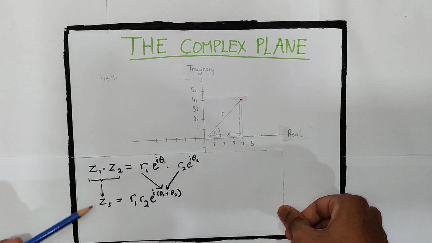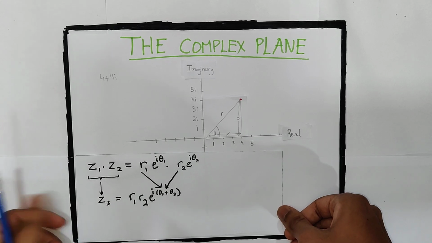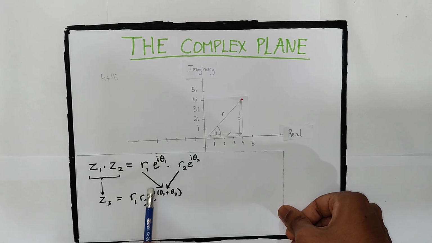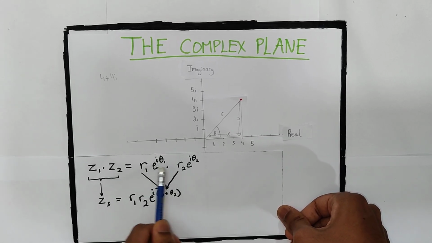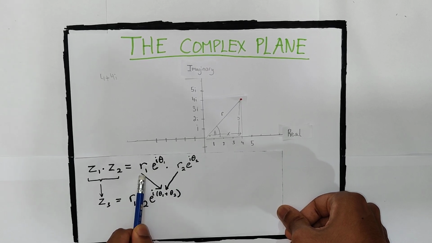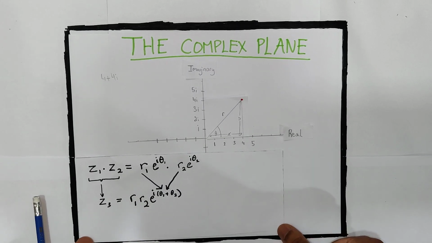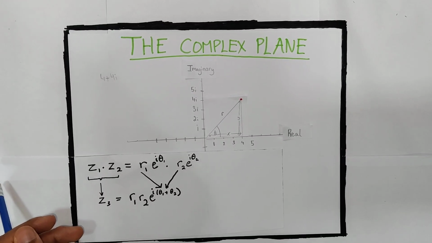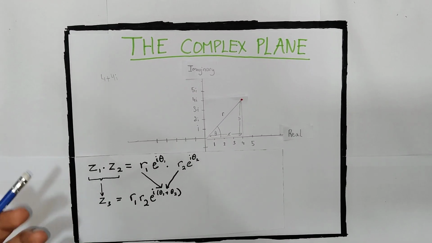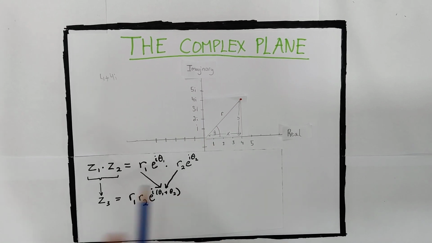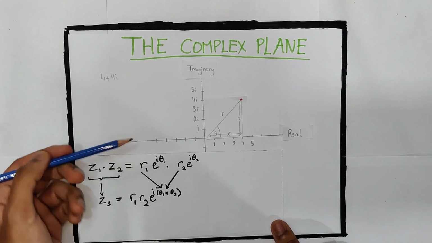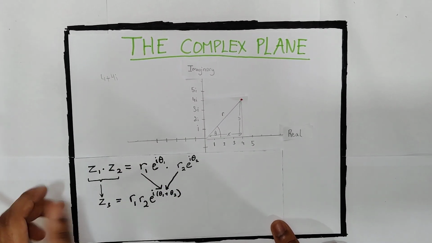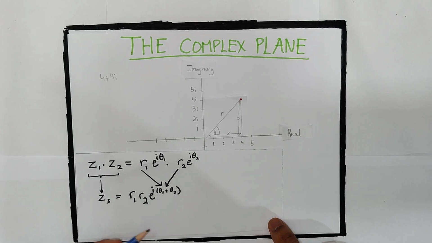They combine to give you another arbitrary complex number, z3, and we know that these will multiply by each other. And that gives us the first rule, which is that when you multiply two complex numbers, the modulus, or magnitude, the distance of the point from the origin, is the multiple of the two magnitudes of the complex numbers.